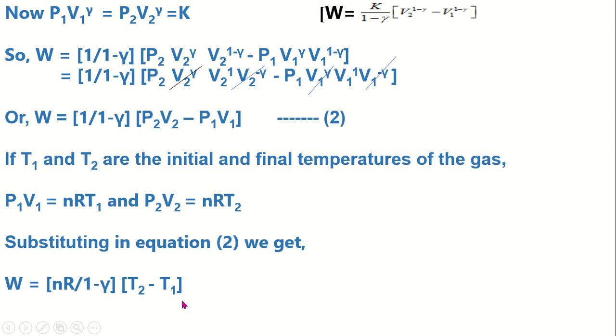So we got the formulas: in isobaric process the work done W equal to P del V, and in isochoric process the work done will be 0. In isothermal process work done will be nRT ln V2 by V1, and in adiabatic process W equal to nR by 1 minus gamma into T2 minus T1. So these formulas are very much important for your mathematical problems, and using these formulas creative questions can come in the exam.